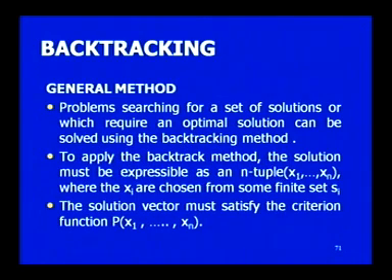We are going to formulate all different solutions as a tuple. We are also going to define a set of criterion, and then we are going to check which tuple is able to fulfill the criterion function, and those things we are going to call as the solution vector.